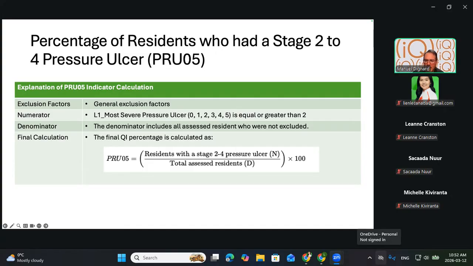So if we look at the structure quickly, the only exclusions are those general factors. Are we looking at the assessment? Yeah, then you're included. You're part of the denominator.